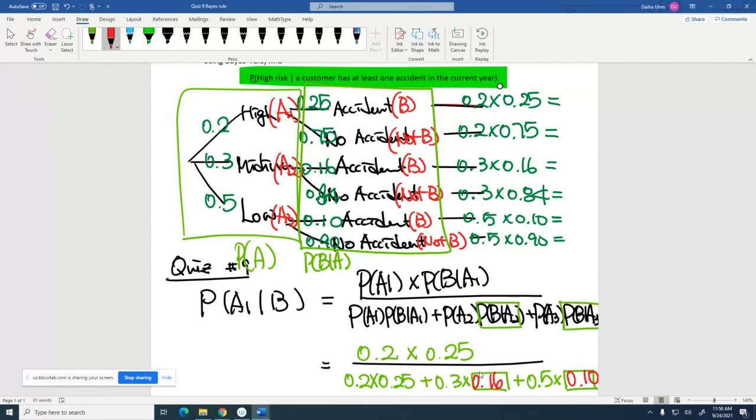We can look for the probabilities from the tree diagram and plug into the Bayes rule. And we had multiplications three times and summation in the denominator. And finally, take a fraction. That will be the conditional probability.